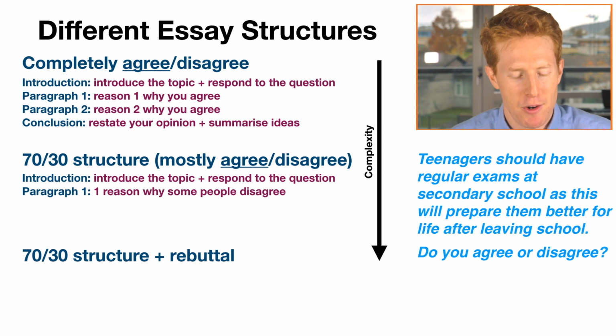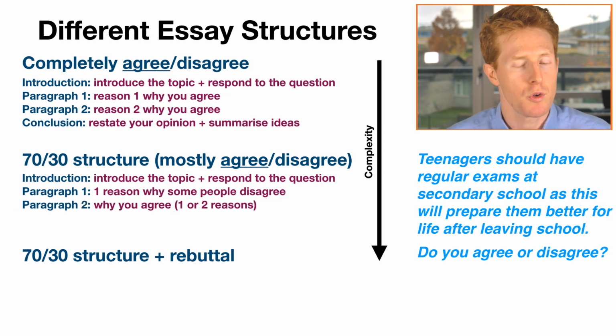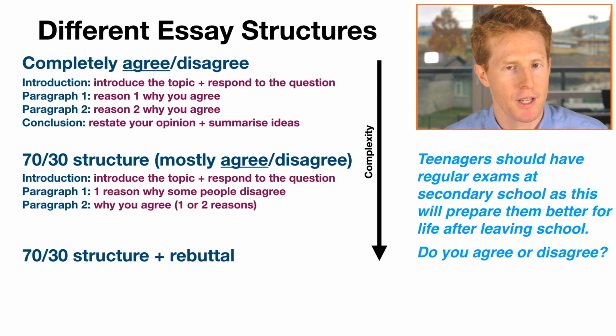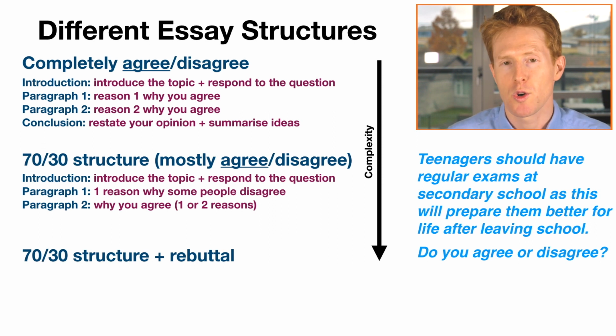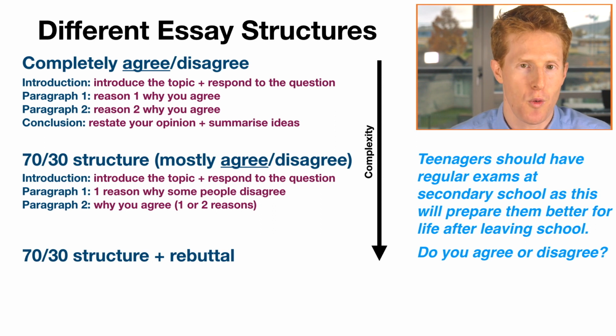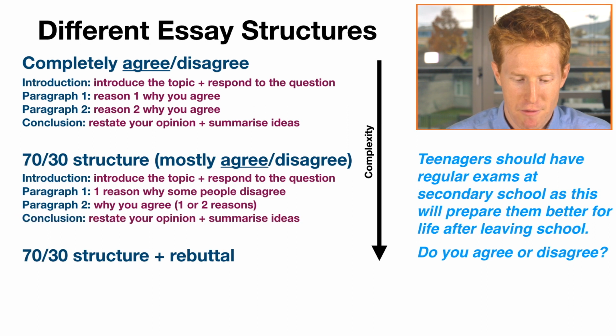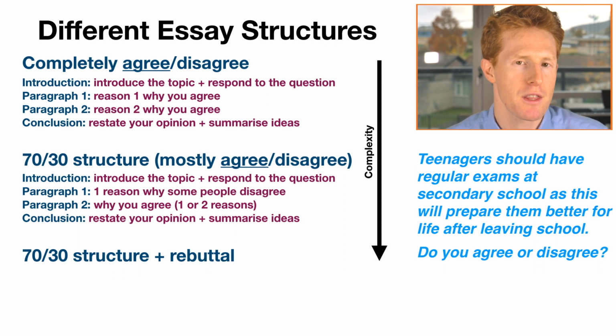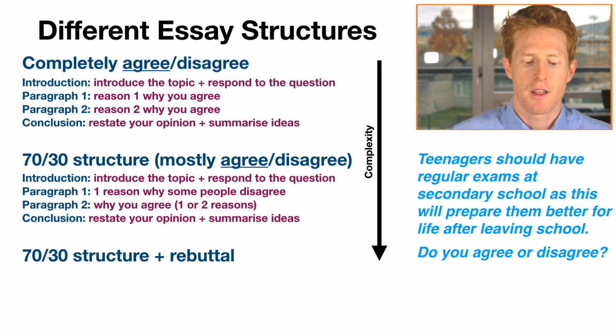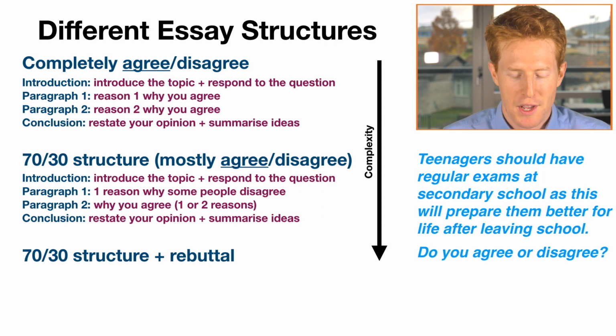So we're going to have that in paragraph 1, and then in paragraph 2, you're going to say why you agree. And you're going to mention one or maybe two reasons why you agree. And finally, you'll have the conclusion, which simply restates your opinion and summarizes the ideas in your essay. Okay, so that's the 70-30 structure, which is slightly more complicated than the completely agree or completely disagree structure.